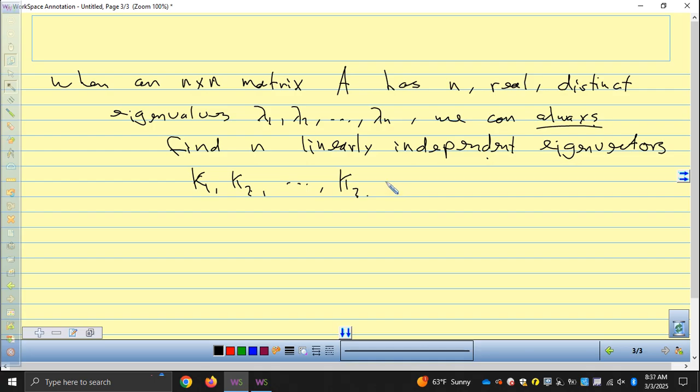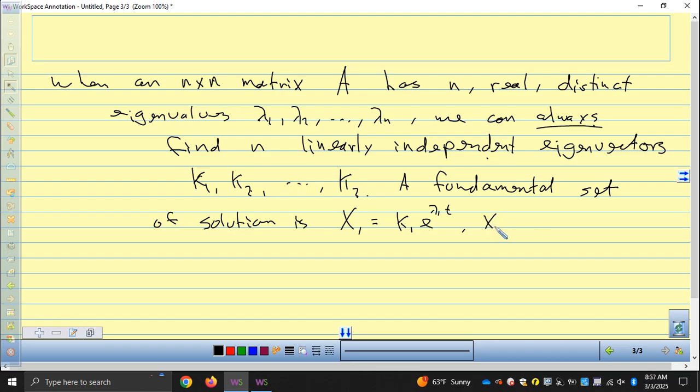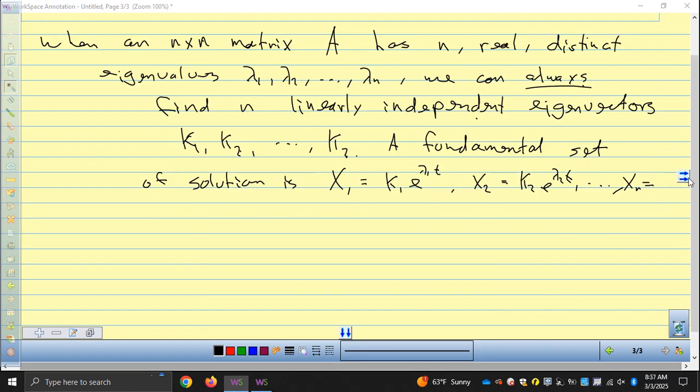And in that case, our fundamental set of solutions to our system is x1 equals k1 e to the lambda 1 t, x2 equals k2 e to the lambda 2 t, and we go up to xn equals kn e to the lambda n t.